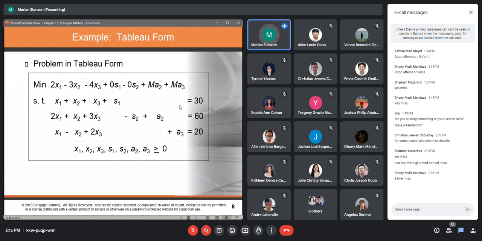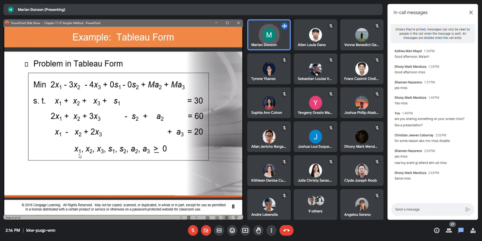The problem is you cannot put in A sub 2 here. That's why when you are going to write your table of coefficients or the matrix of coefficients, then the column representing A sub 2 will be 0. The column representing A sub 3 for this will be 0. Can you follow? And then all the rest here.